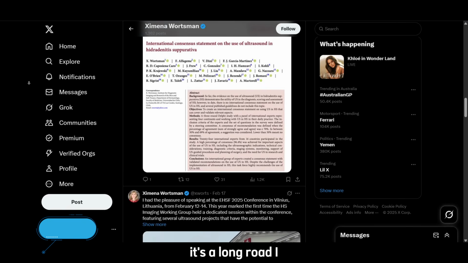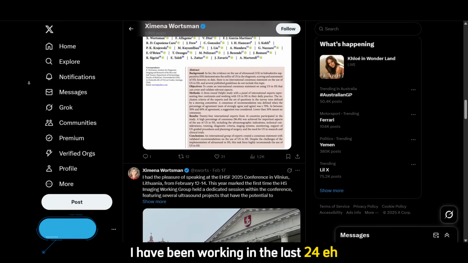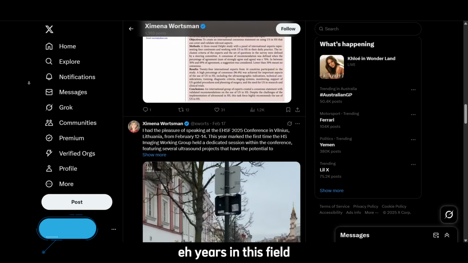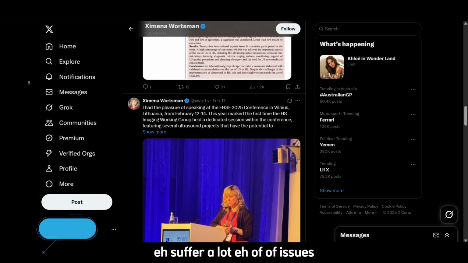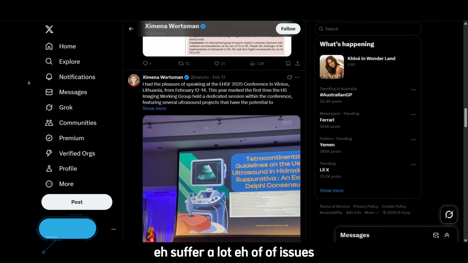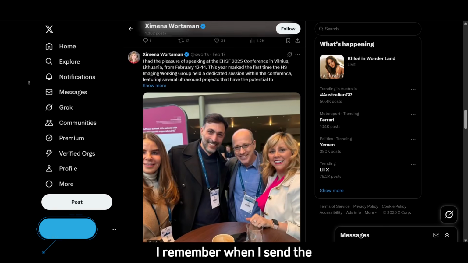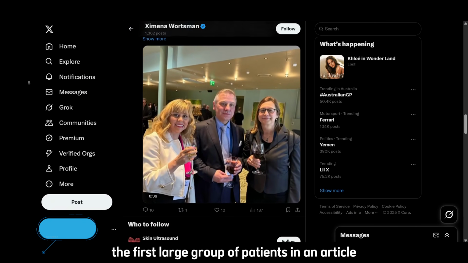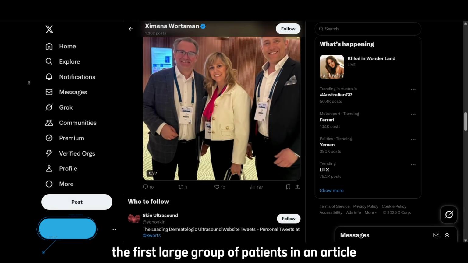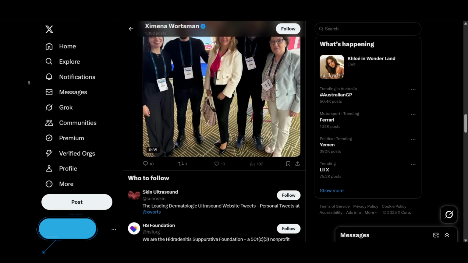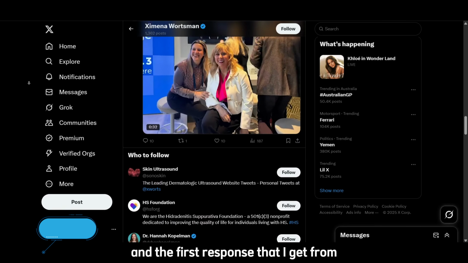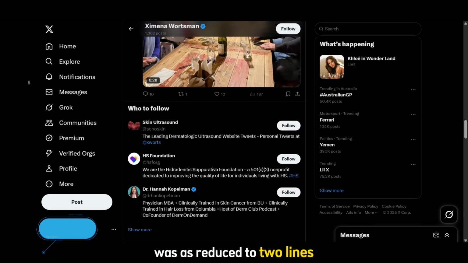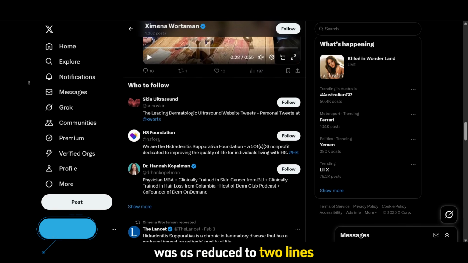It's a long road. I have been working in this field for the last 24 years, so I have suffered a lot of issues. I remember when I sent the first large group of patients in an article, the first response I got from a journal was reduced to two lines.